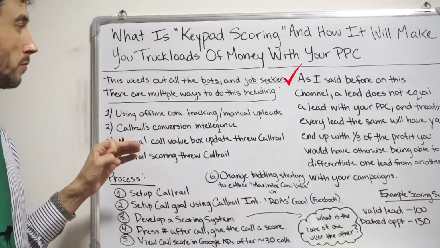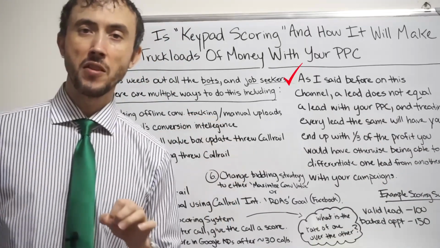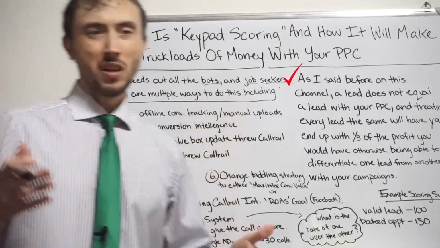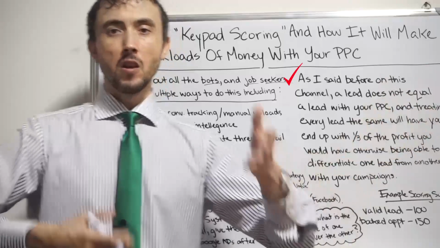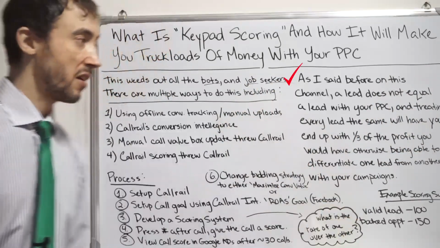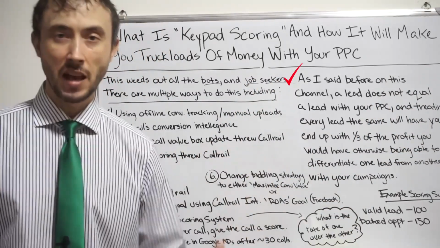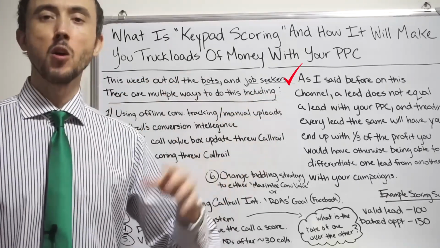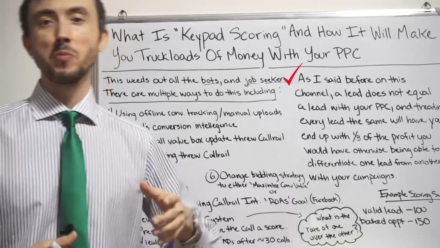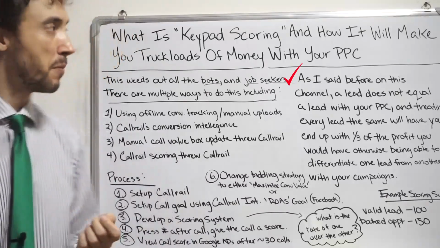Ultimately, the main reason this is important, because I know you're saying, well, I'll take any person that kind of wants to buy. The problem with that, if you haven't realized it yet, is you have a lot of bots that are going to go through your website and call your phone number, specifically looking to do phone spam.